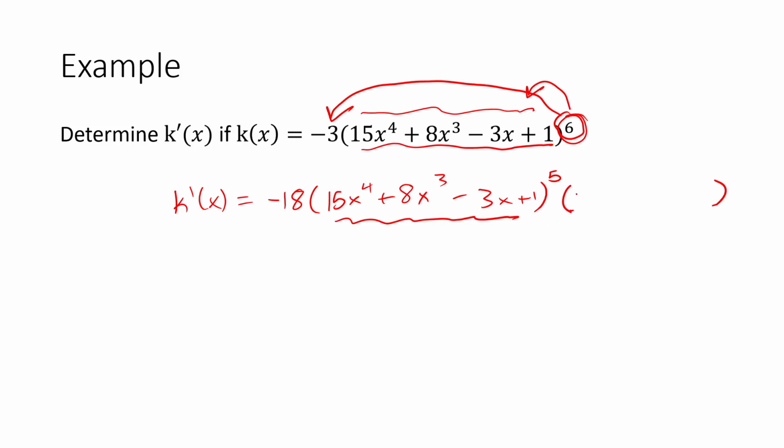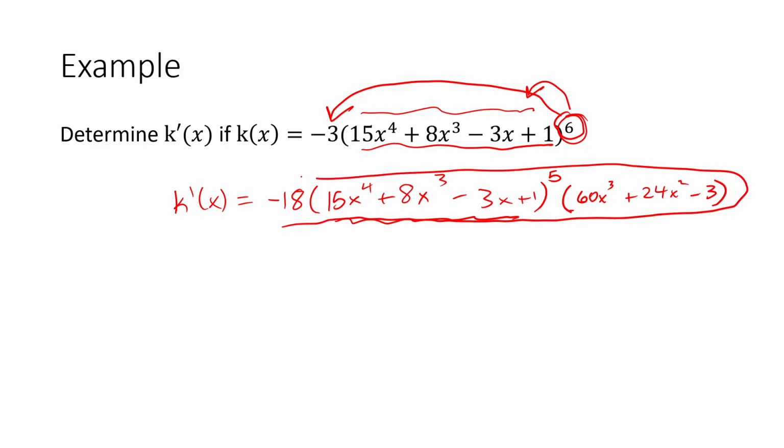So 4 times 15 is 60, subtract 1 from the exponent. 3 times 8 is 24, subtract 1 from the exponent. The derivative of negative 3x is negative 3, and then when determining the derivatives, that 1 falls away. And so this is our derivative.